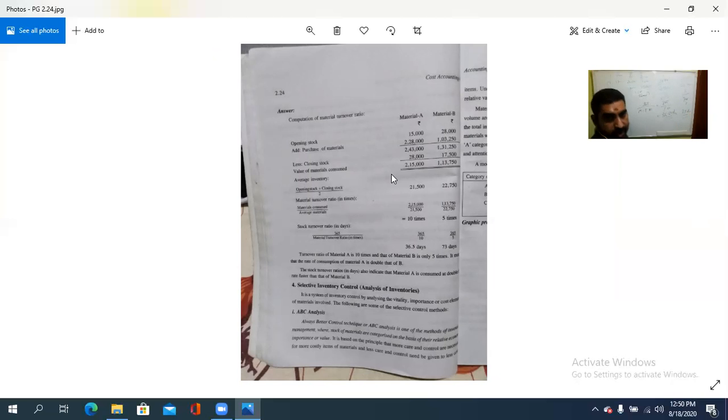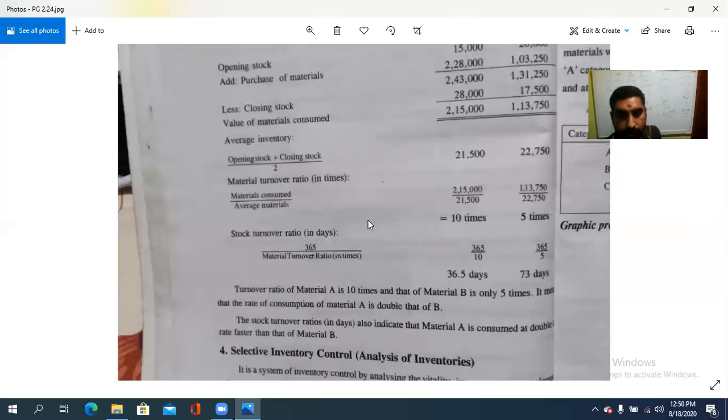So which one is the fast moving? Material A is consumed at double the rate of material B. So the turnover ratio of material A is 10 times and that of material B is 5 times. So it means that the rate of consumption of material A is double that of B. This is the faster moving material.